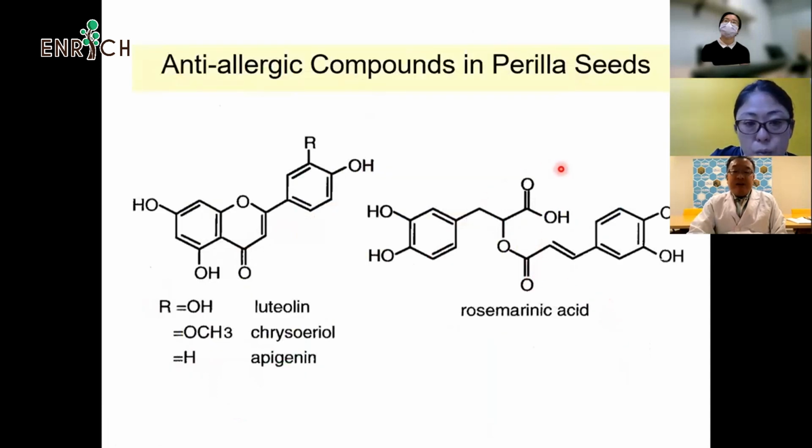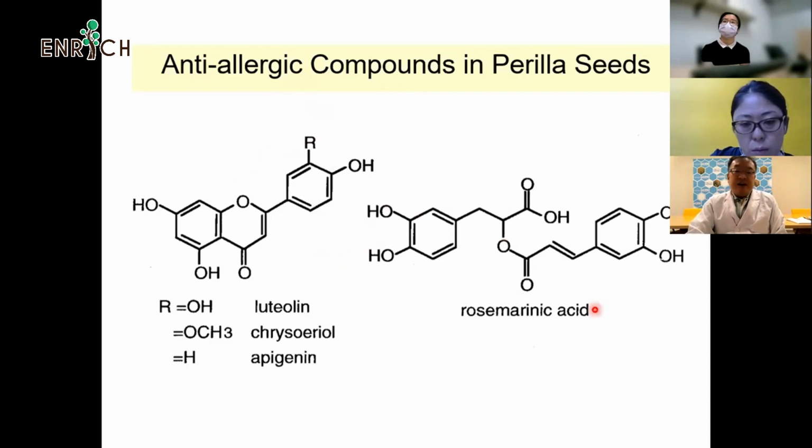The active ingredients for anti-allergic reaction of perilla seed extract are flavonoids and rosmarinic acid. Flavonoids consist of luteolin, chrysoeriol, and apigenin.